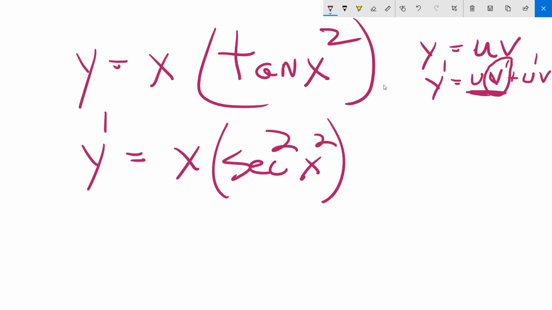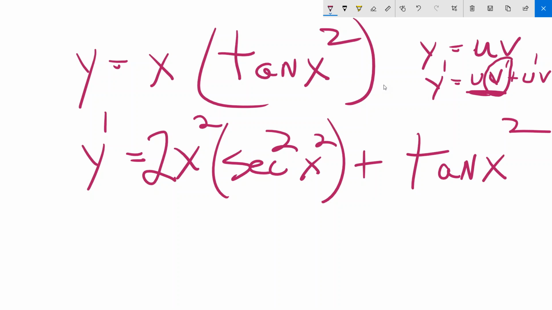V is tangent of x squared, so you have to take the full derivative of tangent of x squared, and in that derivative you have to apply the chain rule also. So times 2x, and I can multiply that to produce that. Plus, it's just going to be 1 times tangent of x squared. And that's the answer. I don't think I can do anything with that in terms of simplifying it.